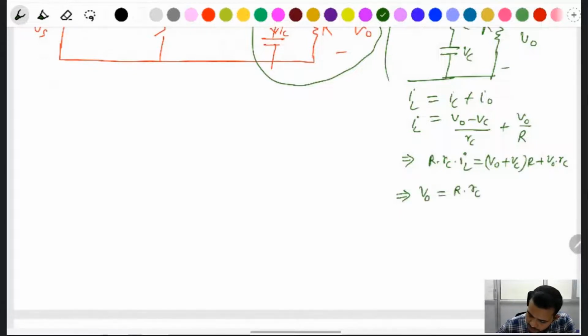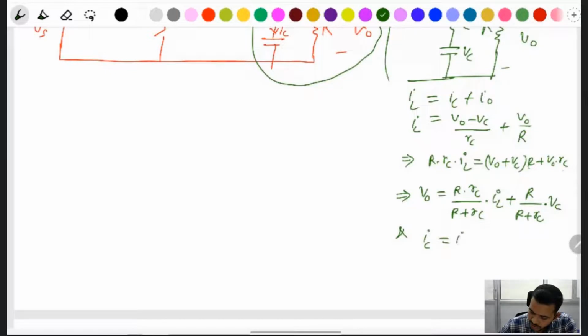You find the value of V naught: R into RC divided by R plus RC, take the LCM, take V naught common, then find R plus RC into IL plus R divided by R plus RC into VC.